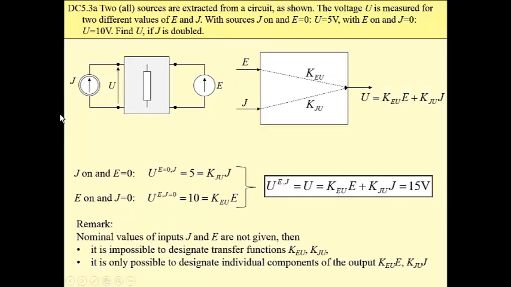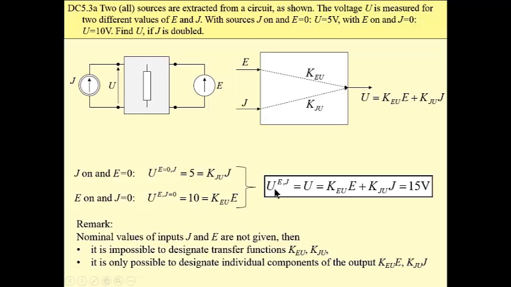Then we may take into account that we have these two measurements to calculate actually not transfer functions but components of the voltage U. The first component, the component which results from J, is 5, and the second component from E is 10.